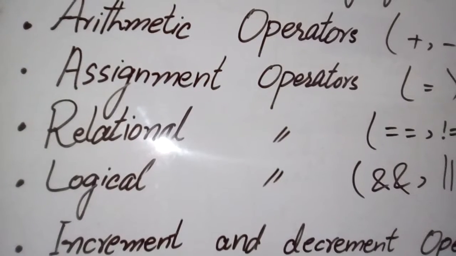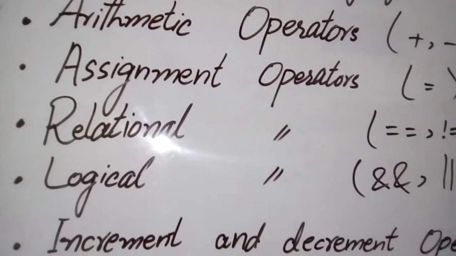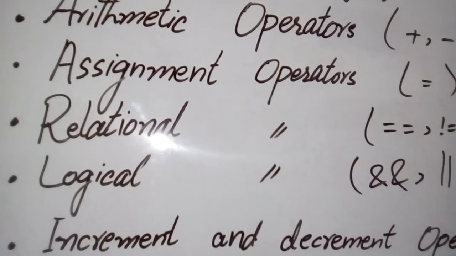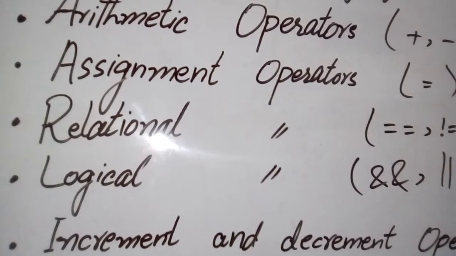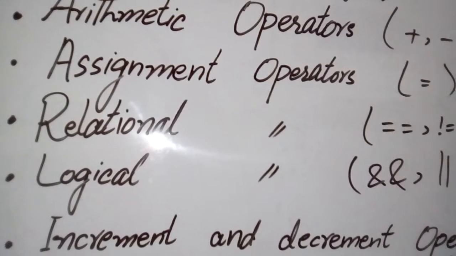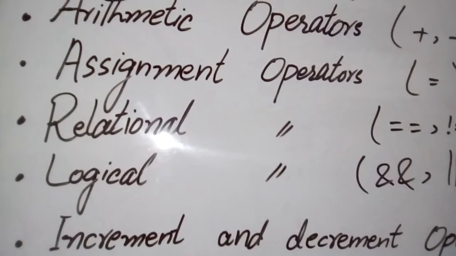And operators are used in expressions. An expression consists of constants and variables combined together with operators. An operator is a symbol used to command the computer to perform certain mathematical or logical operations. Operators are used to operate on data and variables.